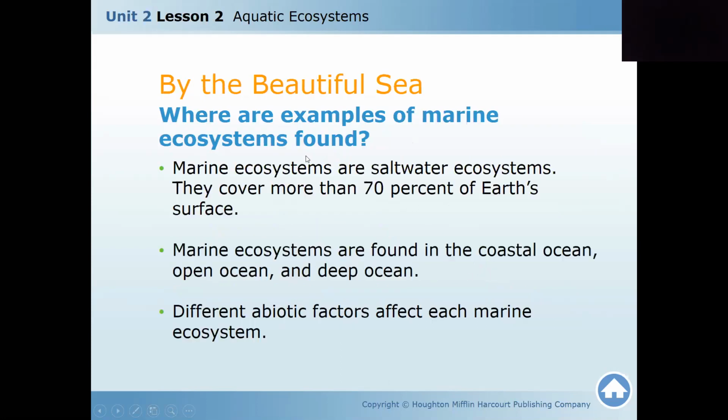Marine ecosystems are saltwater ecosystems. When I say marine, that means it is ocean. They cover more than 70% of Earth's surface. You all know very well, out of 100% of Earth, 70% is light blue in color. That is 70% water when you compare it to the whole Earth.